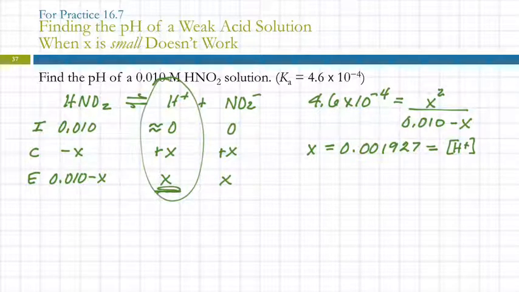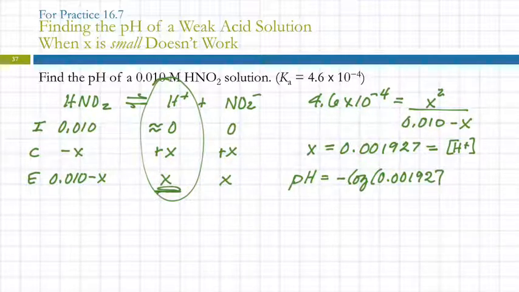This is our hydrogen ion concentration at equilibrium. Questions asking for pH. 0.72 for the pH.